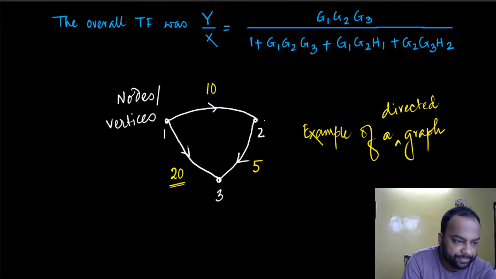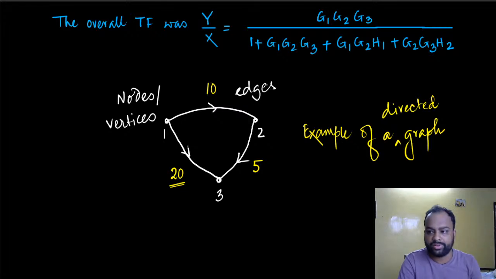So this is a node, this is another node, this is another node. So node 1, node 2, and node 3. And these roads that I have drawn are known as edges.